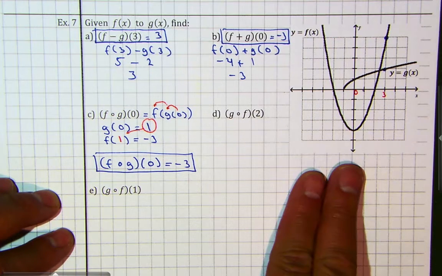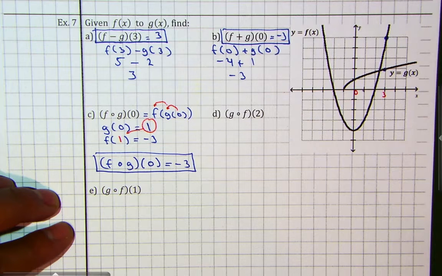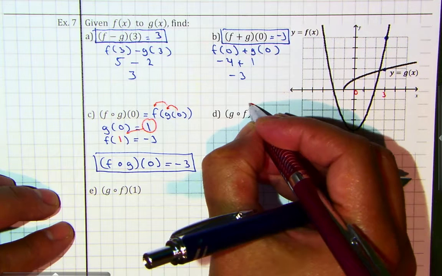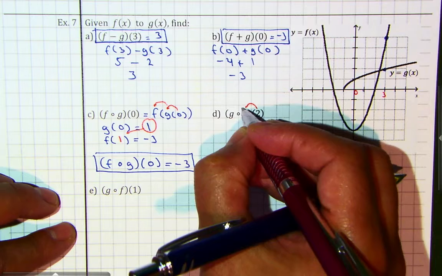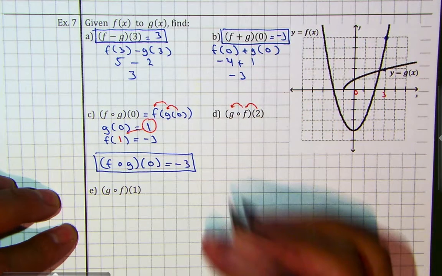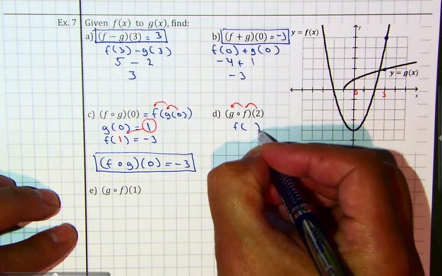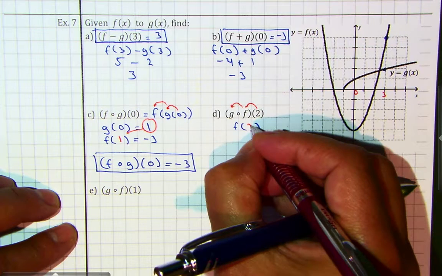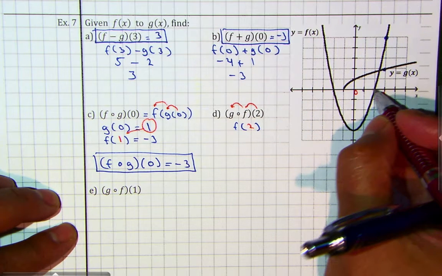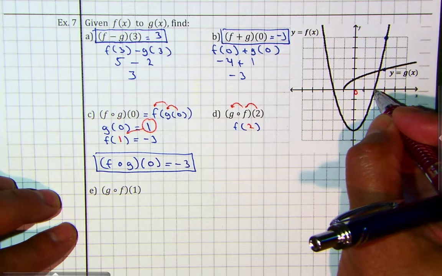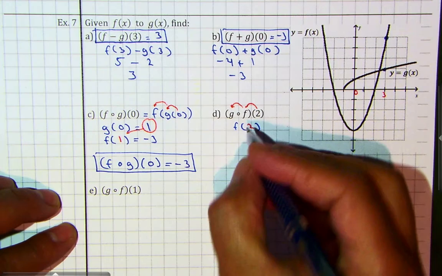Go and pause it. So in this case, that means that we're going to plug in the 2 inside the f, and whatever we get, we're going to plug inside the g. So first, we need to be able to find f of 2. Plugging a 2 inside the f gives you 0. The y value is 0.